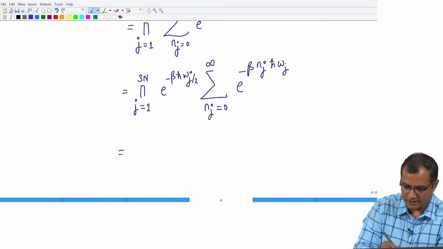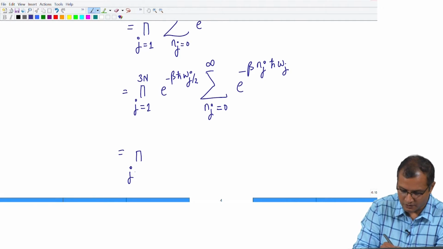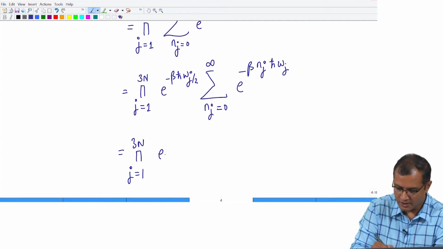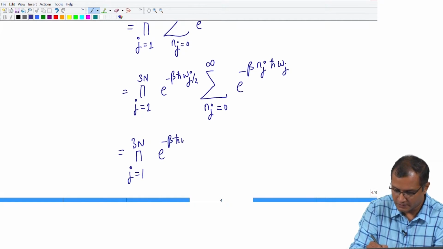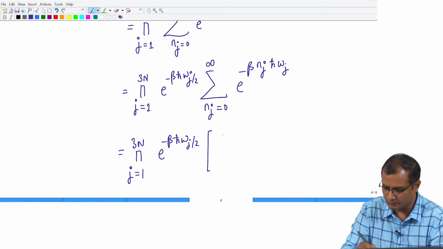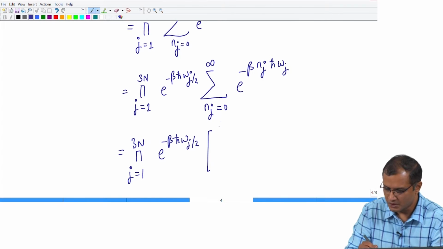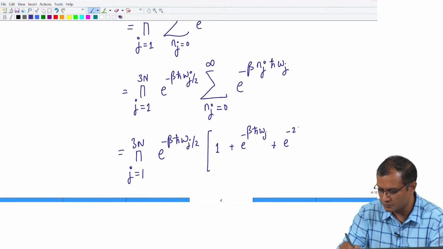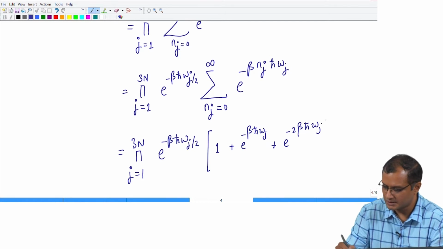So, I can write it as a product over all 3n modes of e to the power minus beta h cut omega j by 2, and this would be nothing but, if you do the summation, write down the first few terms. For n j equal to 0 you get 1, then for n j equal to 1 you get e to the power minus beta h cut omega j, plus e to the power minus 2 beta h cut omega j, and so on.